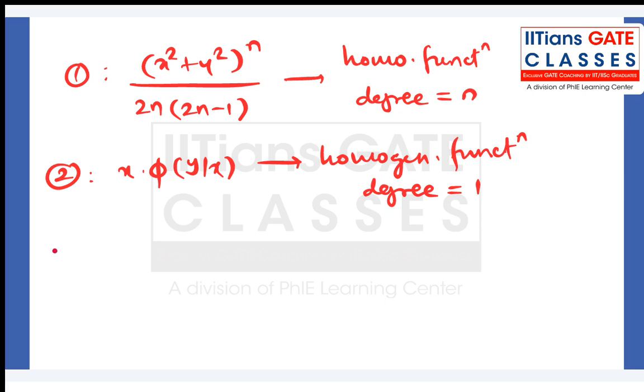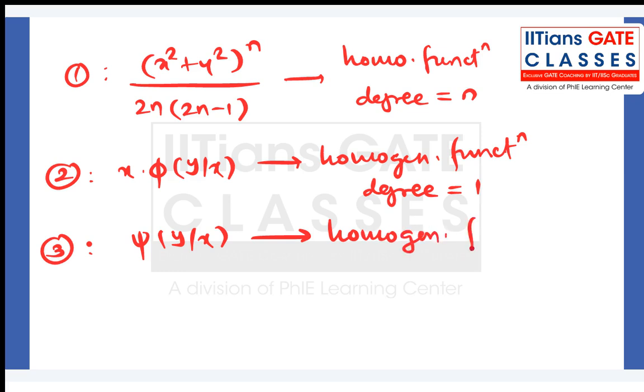And the last function, which is nothing but psi of y by x, is also a homogeneous function, and here the degree is 0 only, right? Because when you put y as lambda y and x as lambda x, lambda cancels, so lambda power 0 is there in the multiplier, so degree is 0.